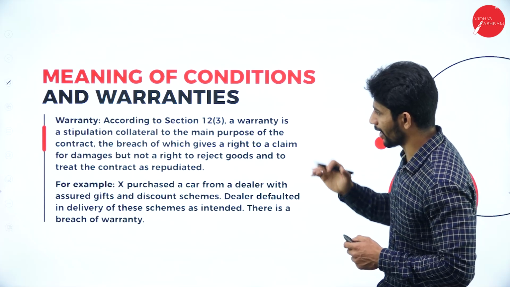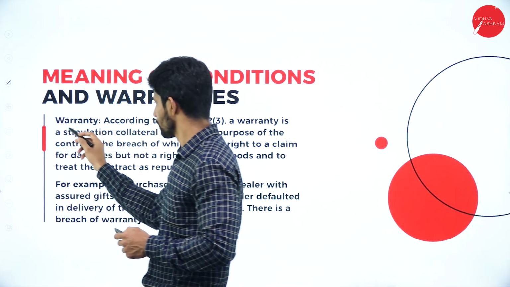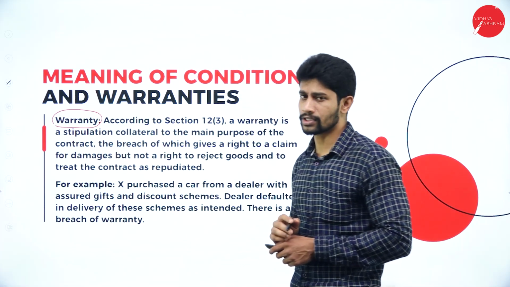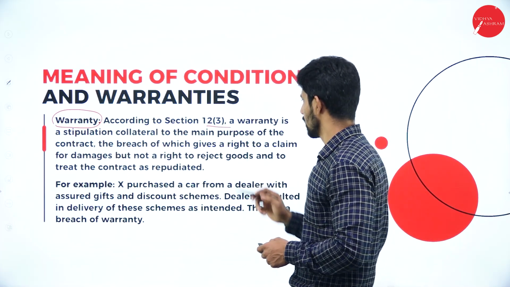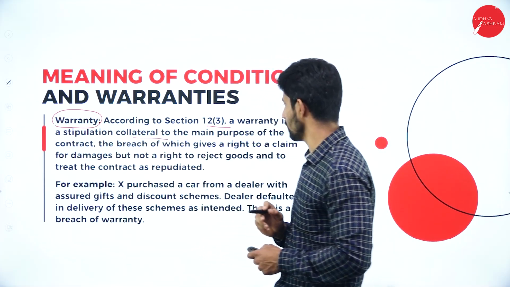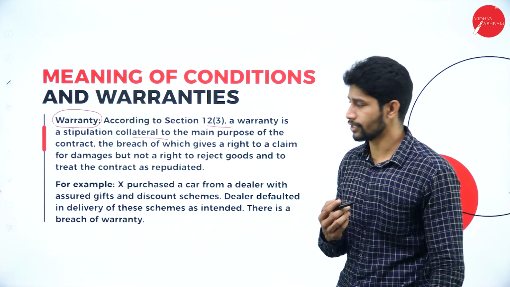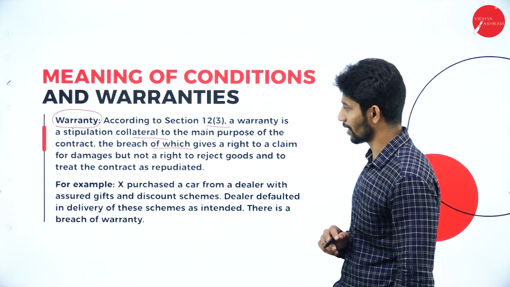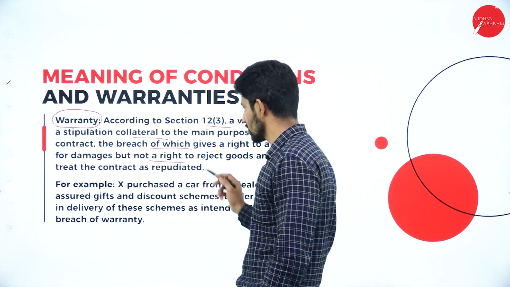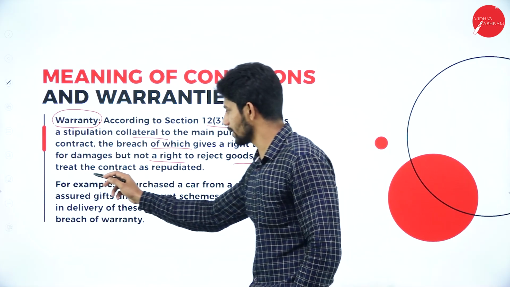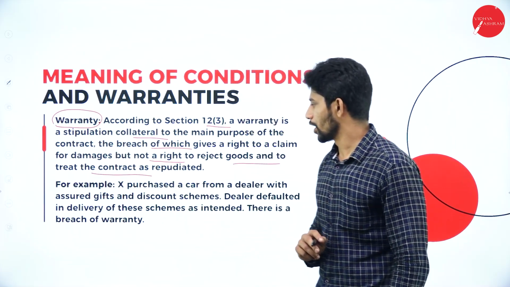Next, looking into warranty. So what is a warranty? According to Section 12 subsection 3, a warranty is a stipulation collateral to the main purpose of the contract, the breach of which gives a right to a claim for damages but not a right to reject goods and to treat the contract as repudiated.